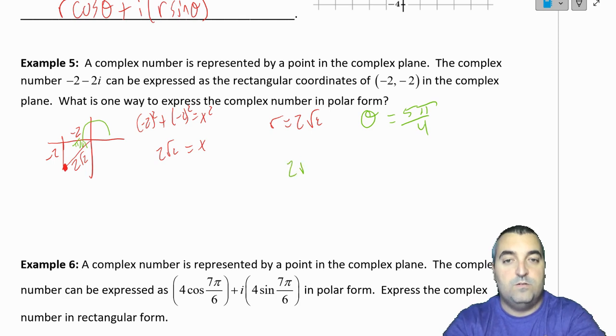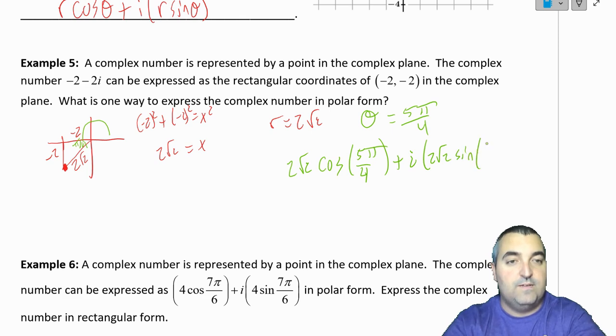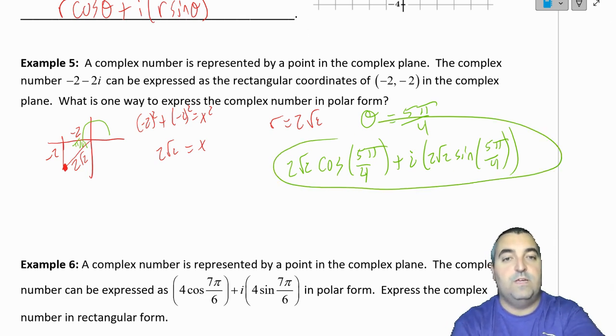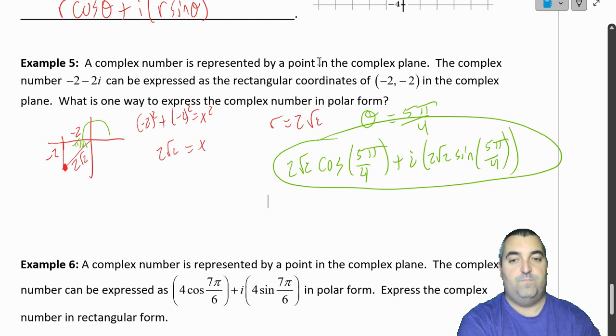So r, 2 root 2, cosine 5 pi fourths, plus i times sine, and I keep forgetting the r value, 2 root 2 sine 5 pi fourths. And finish those parentheses. And there's our answer in complex polar form.